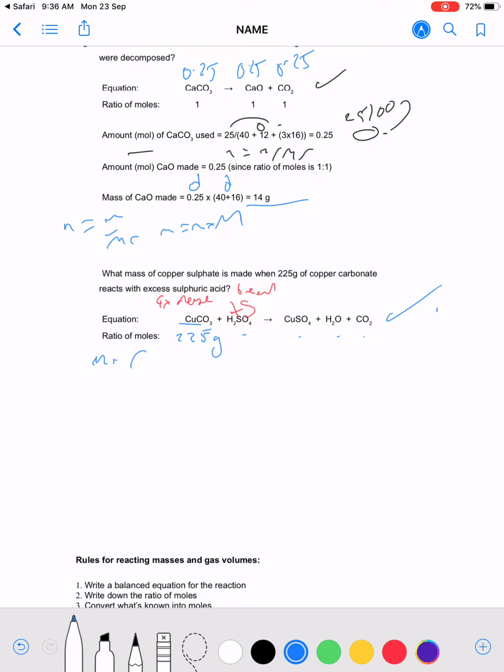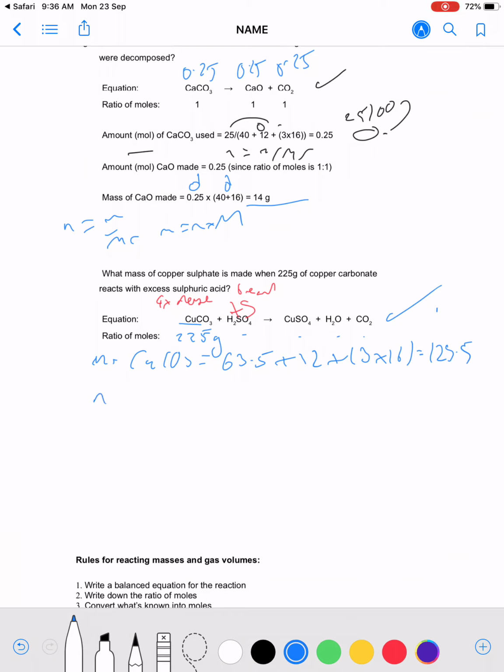The Mr of copper carbonate is going to be 63.5 plus 12 for my carbon plus 3 times 16 for my oxygen. That equals 123.5 grams per mole.